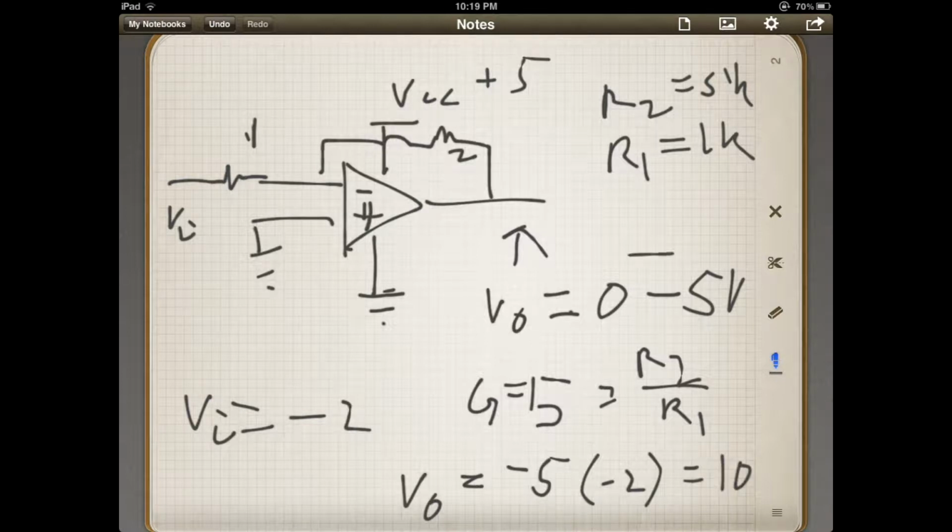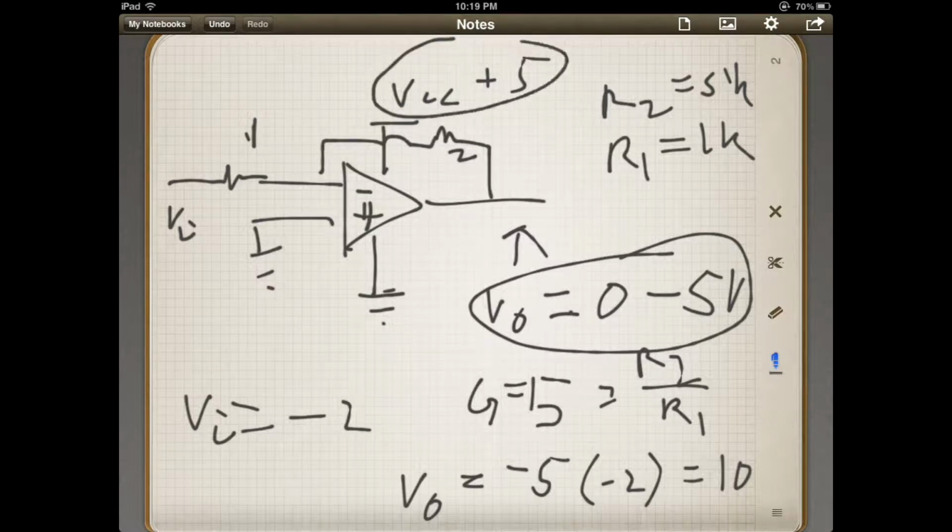However, because we're bounded by our rail, we call it going to its rail. It'll basically go to the maximum voltage that you have applied to its rail, which in this case is 5 volts. So even though the math says it should be 10 volts coming out, in reality, because we've only got 5 volts coming in, we can't go any higher than 5 volts.